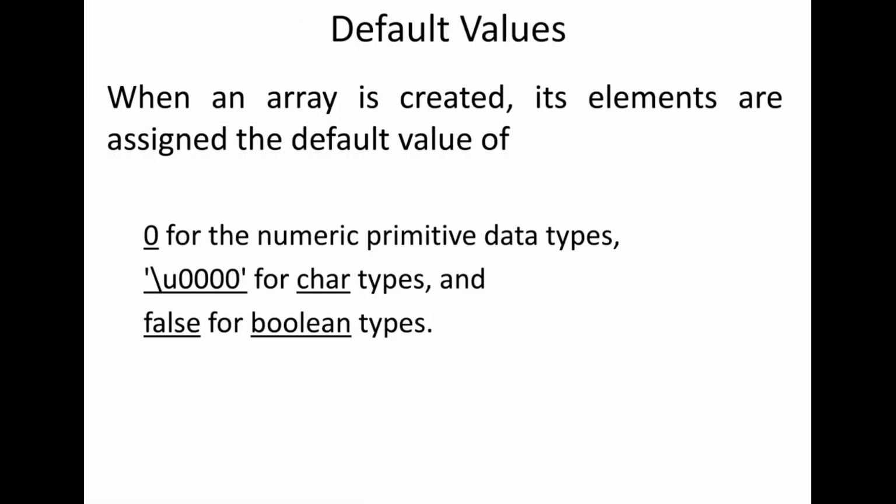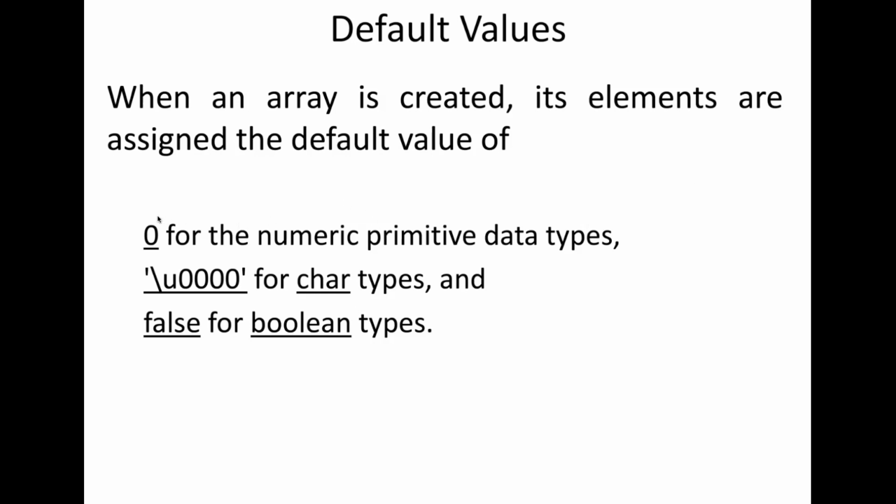It turns out in Java, as we alluded to earlier, when an array is declared and created, your software sets aside memory spaces to store each and every single one of these elements in memory according to the type of the element. In addition, there are default values assigned to these elements.